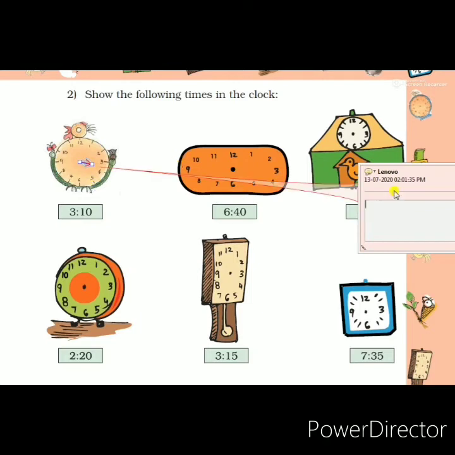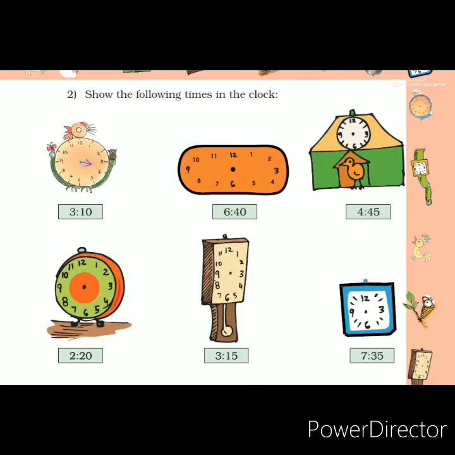And for 10 minutes, I already told you, if you want to find the minutes, you have to take the table of 5. Very easy to show the minutes on the clock. 5 1s are 5, 5 2s are 10. So where will the minute hand come? The minute hand will come on number 2. That is 3 hours 10 minutes.